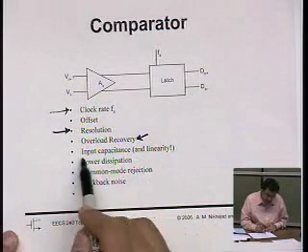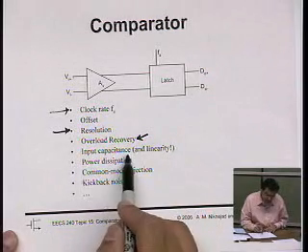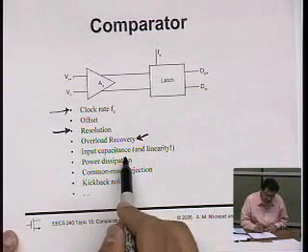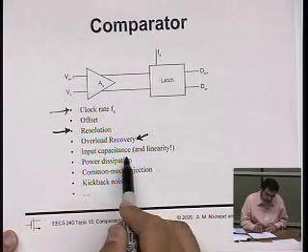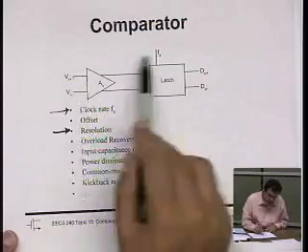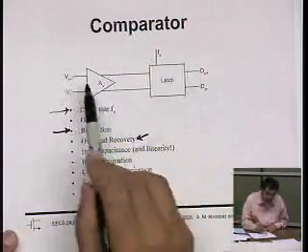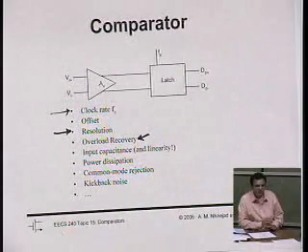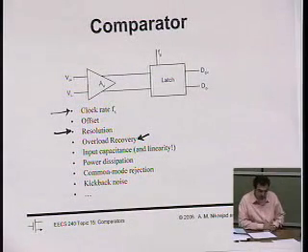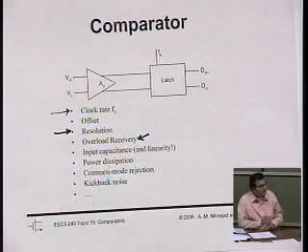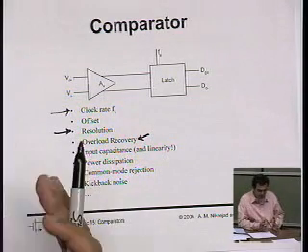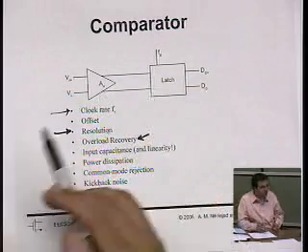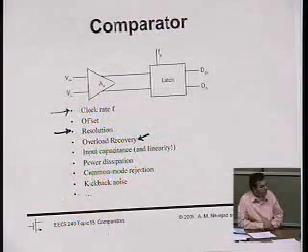The other issue with these kinds is input capacitance, and this is more of an application thing. If I'm just driving one little comparator here, and this has 100 femtofarads of capacitance, I may say, okay, that's fine, I can live with that. But if I'm designing a circuit like that flash converter, the number of comparators you need is exponentially proportional to the resolution you want.